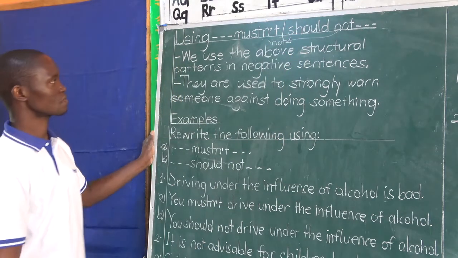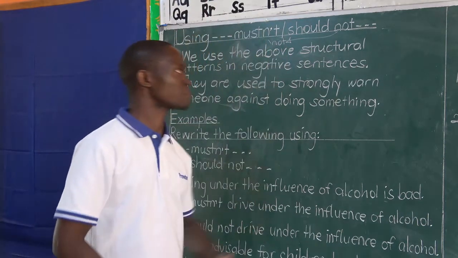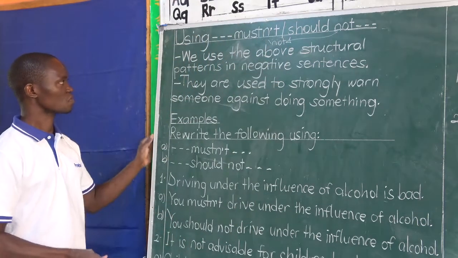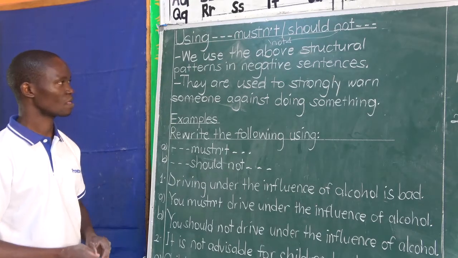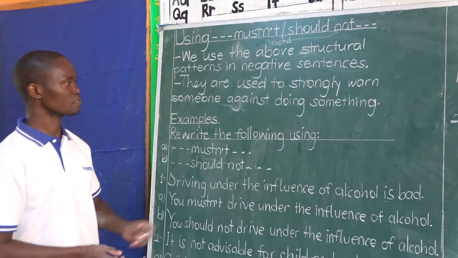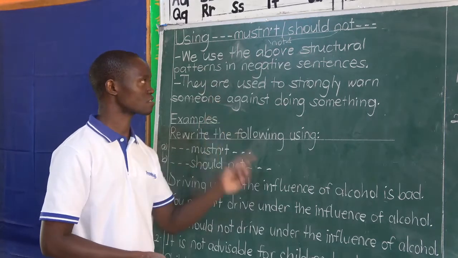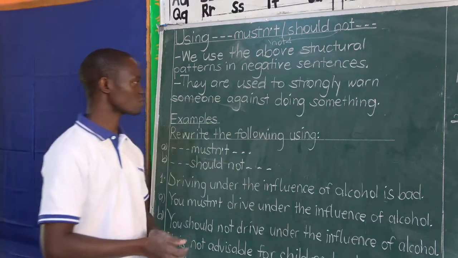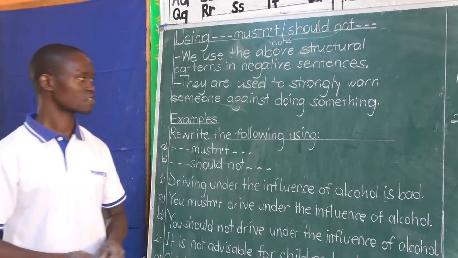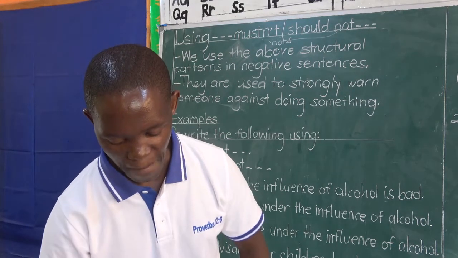The difference is this is contracted or shortened, this one appears in full form. We use mustn't or should not to strongly warn someone against doing something, and that something must obviously be bad.